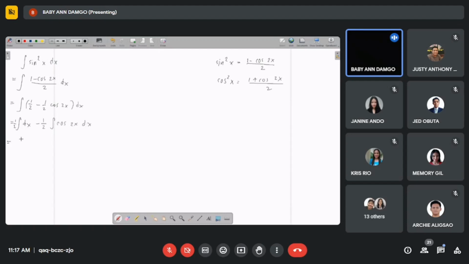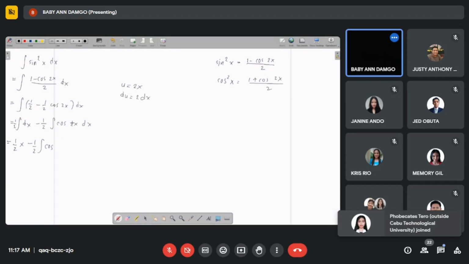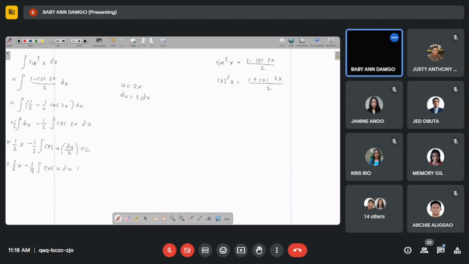Okay, so this is 1/2 integration of dx, which is x, minus 1/2. Okay, so we let u be equal to 2x. So our du here is 2 dx. Okay, so minus 1/2 cosine, our 2x is our u, and then dx is du over 2, plus c, because nag-evaluate na ta og isa ka integral. So we have 1/2 x minus 1/4 integration of cosine u du plus c.